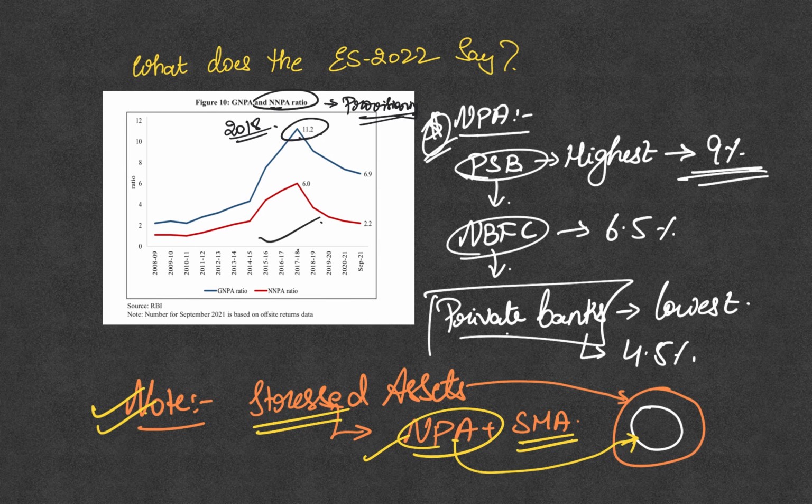If people or companies are not paying up principal and interest, they are categorized as SMA accounts depending on the number of days. So NPAs along with SMA are called stressed assets, and this has slightly increased. You can use this Venn diagram to remember that NPAs are a part of the stressed assets.